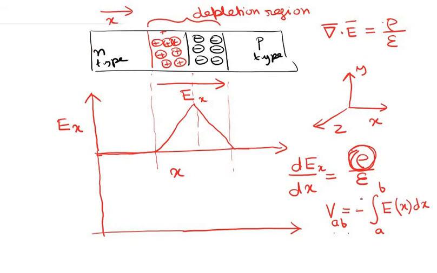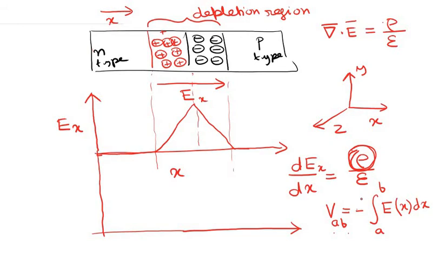Electrons have a negative charge, so the potential seen by the electrons is opposite in sign to the actual potential. So wherever the actual potential is positive, the electrons would see a decrease in energy.